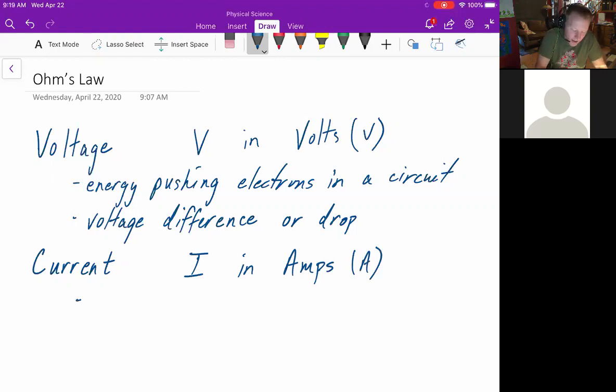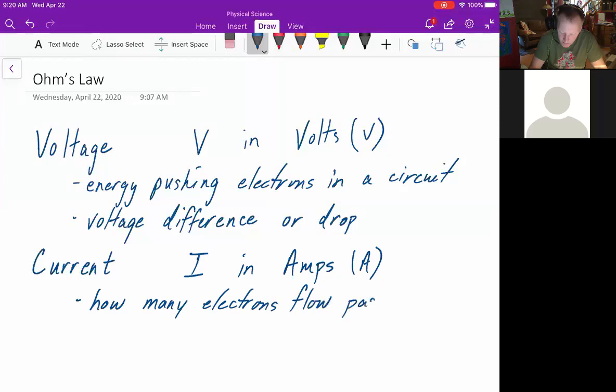This is how much or how many electrons flow past a point. It's not a strict counting of them. They are uncountable. They're just so many, but it's a measure of the amount of charge.